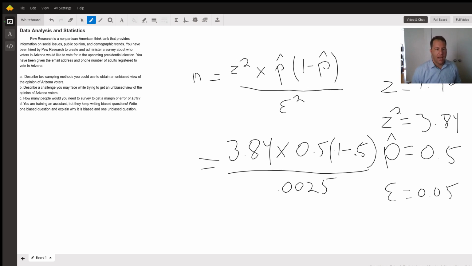So the first question they ask is to describe two sampling methods we can use to obtain an unbiased view of Arizona voters. Probably the easiest way is just to utilize the information they gave us. We have phone numbers and email addresses. We can go ahead and just randomly select phone numbers, call them, and ask, how do you feel about candidate A versus candidate B?